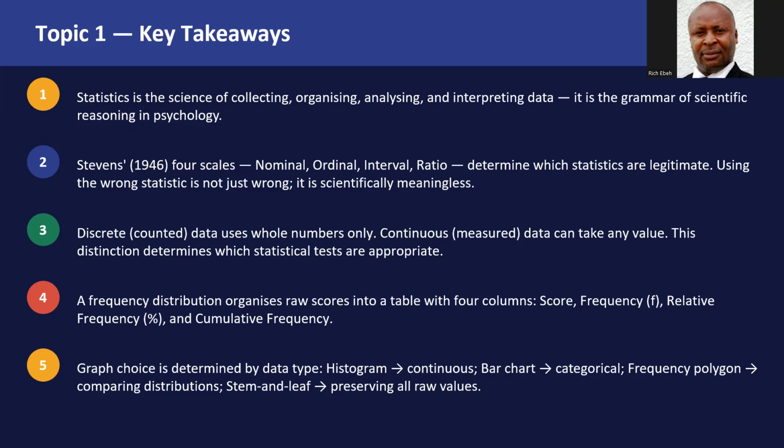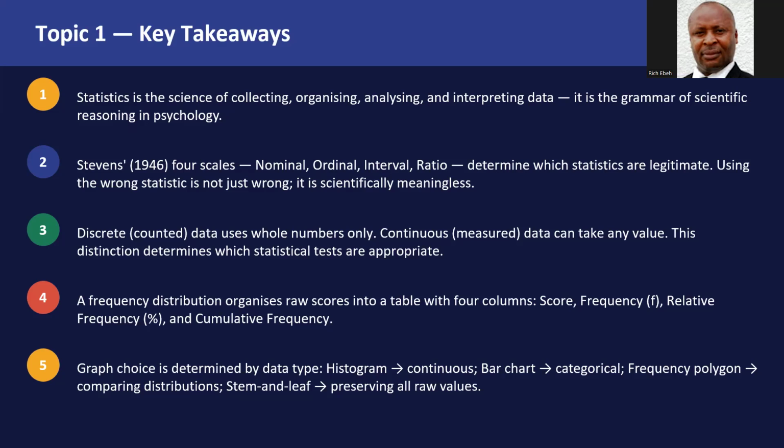In terms of data, we have discrete and continuous data. Discrete are counted data. That's data that uses whole numbers. While continuous data can take any value. This distinction determines which statistical tests are appropriate.